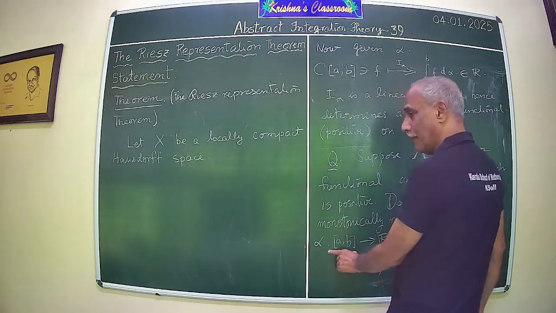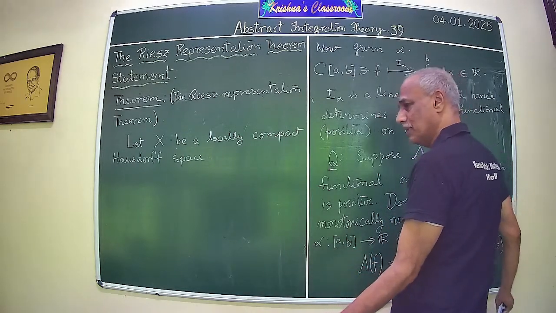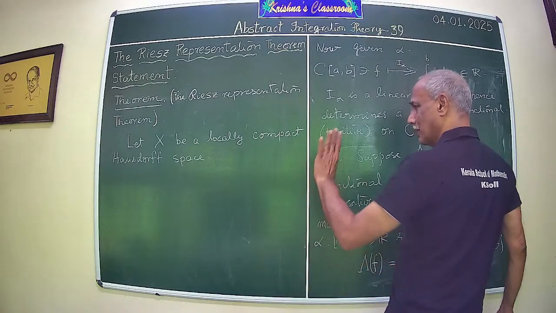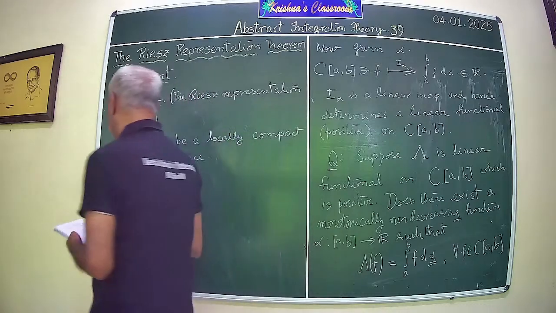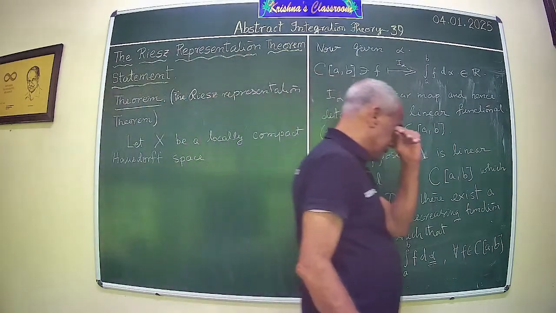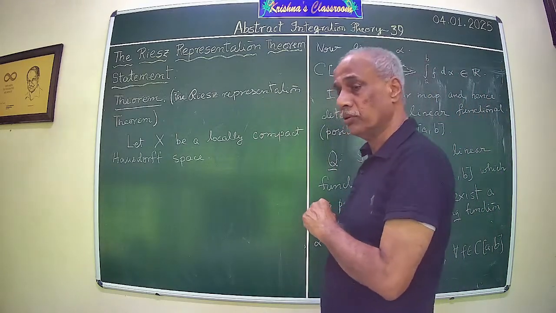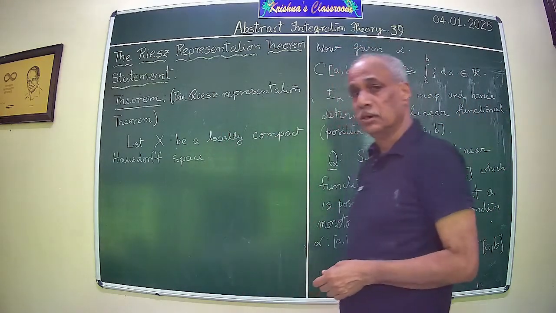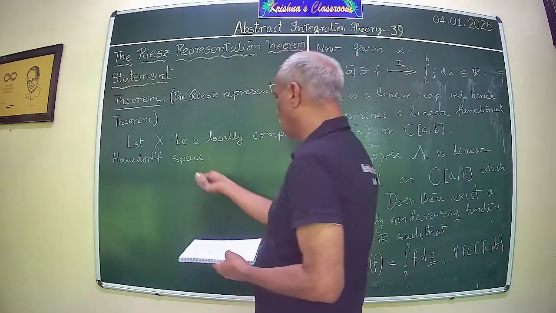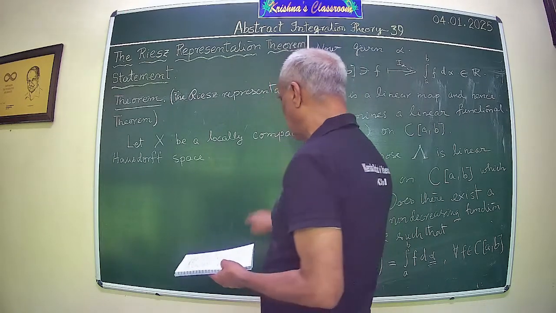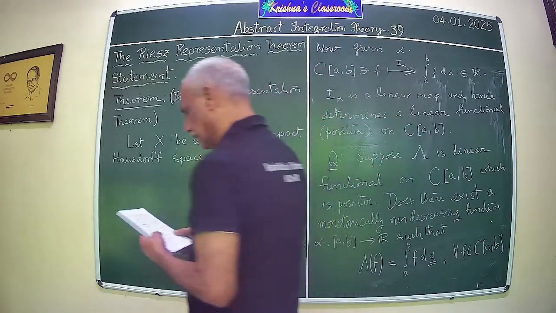It's in fact compact, but you can possibly generalize it to the whole interval from minus infinity to plus infinity. Then you will be talking about locally compact. So we are taking the general scenario. Hausdorff is a nice separation property: given two distinct points, you can separate them using open neighborhoods. And local compactness is that for each point there is a neighborhood whose closure is compact. So these two properties are there.